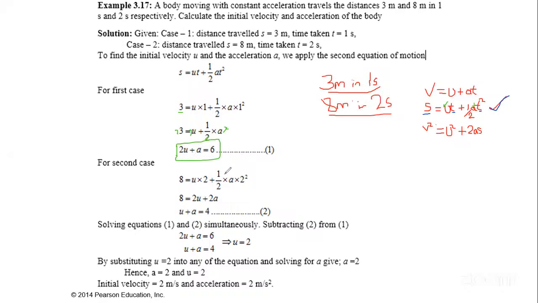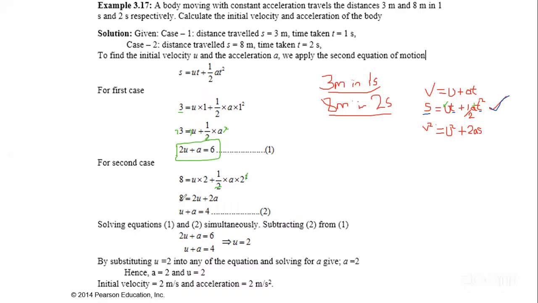Now, the same way, we substitute 8 meters in 2 seconds into the same equation. We have 8 is equal to u times 2 plus half times a times 2 squared. So we have 8 equals 2u plus 2a.